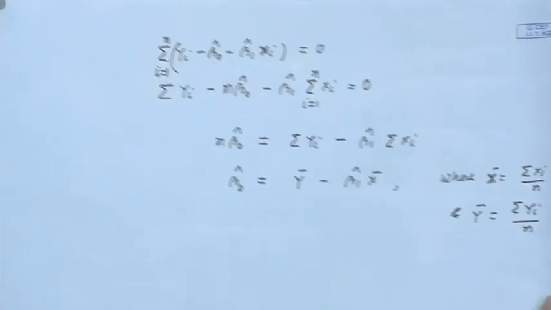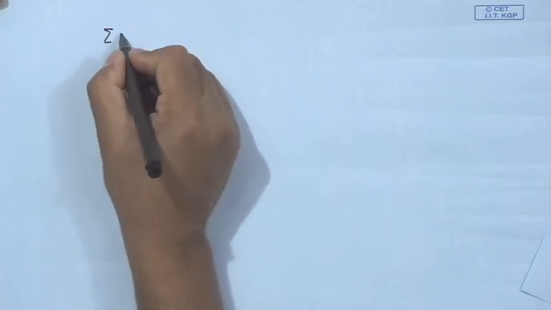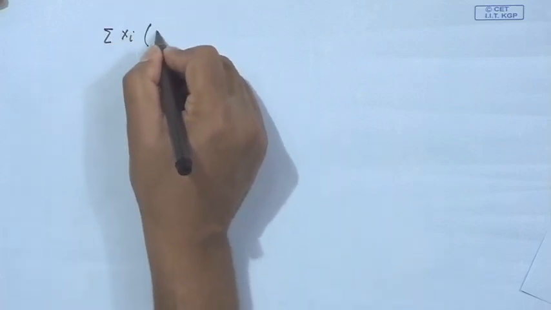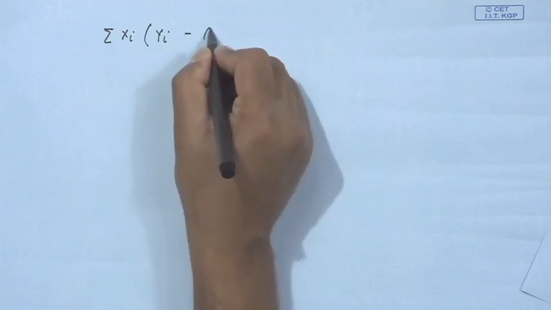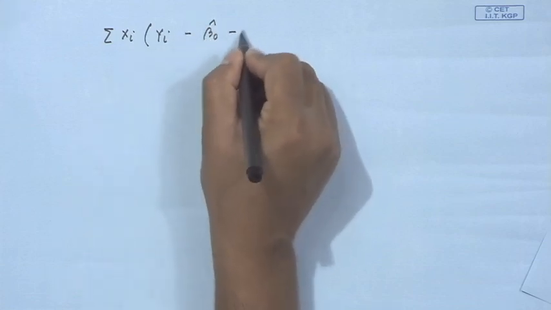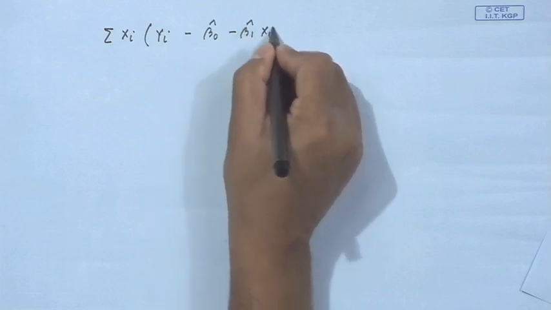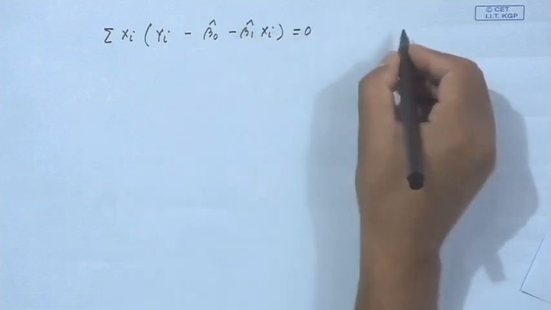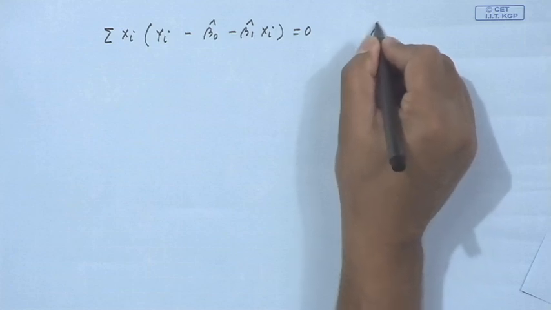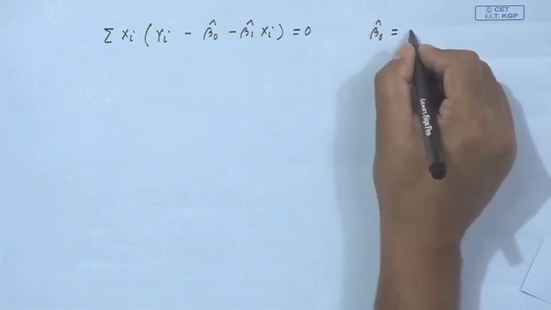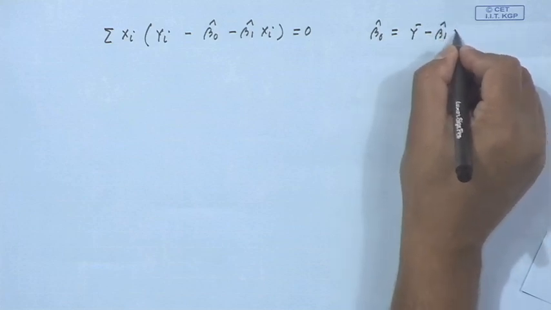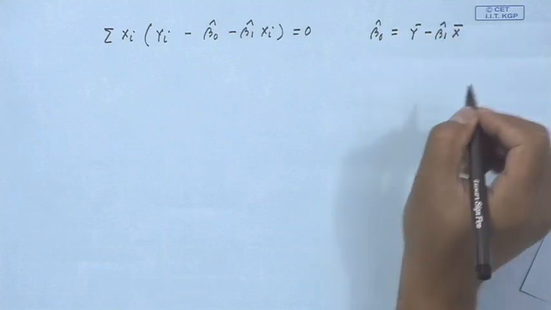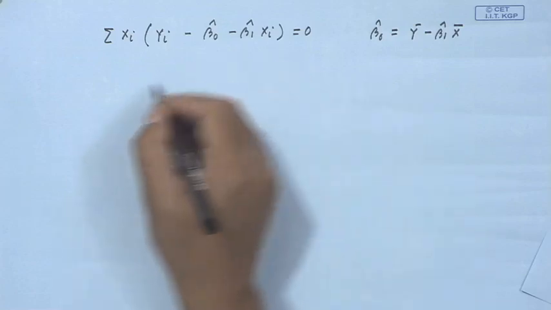So, let me start with the second normal equation, and that was summation x I into y I minus beta naught hat minus beta 1 hat x I equal to 0. And just now we obtained that beta naught hat is equal to y bar minus beta 1 hat x bar, right. So, I can plug this one here.